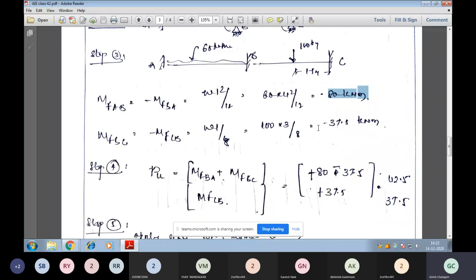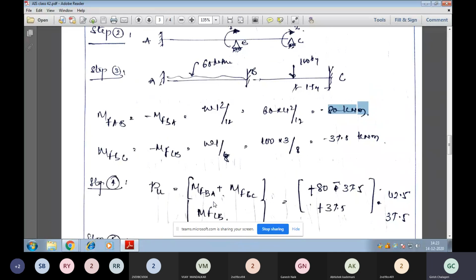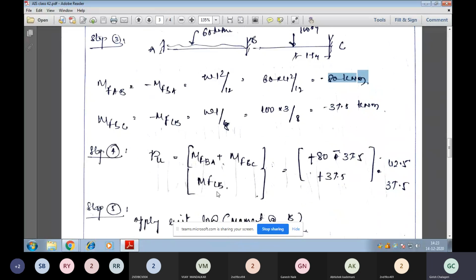MFBA is plus 80, MFBC is minus 37.5. Next comes the second coordinate point at C joint. So MFCB is equal to 37.5, plus at C point. So PL is equal to MFBA plus MFBC, that is 80 minus 37.5, and plus 37.5.